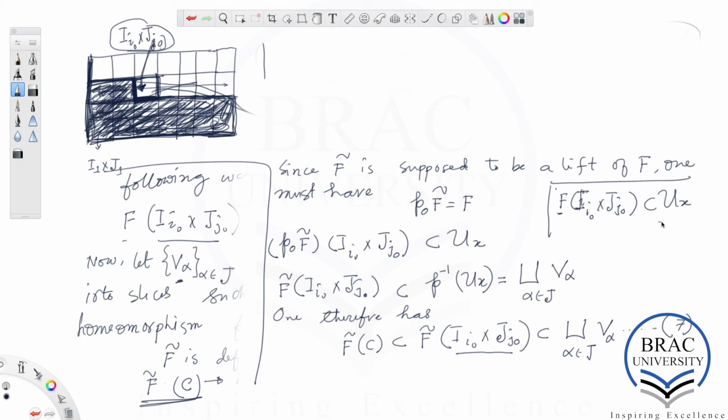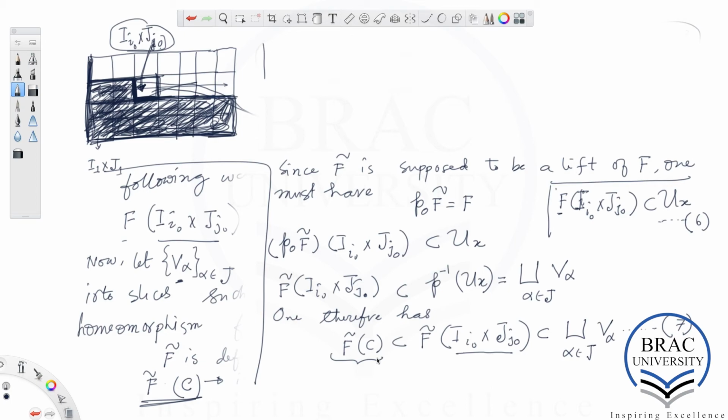Okay, so we write this as equation number 6. So this guy is connected, right? Since C is connected and f tilde is continuous, f tilde of C is connected, right?